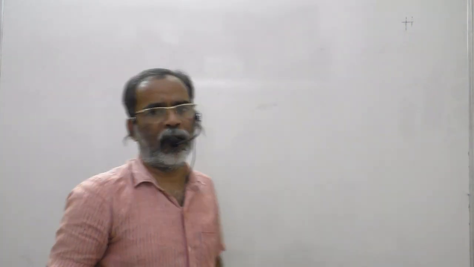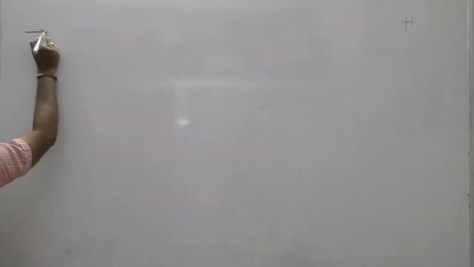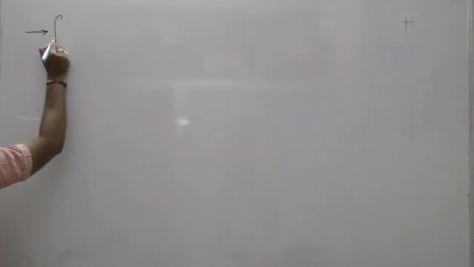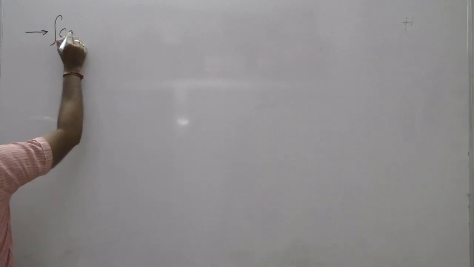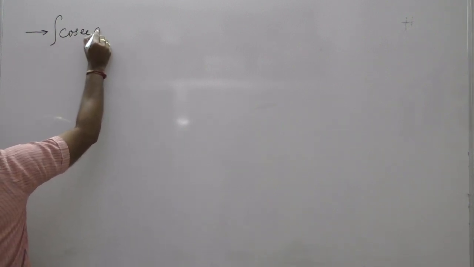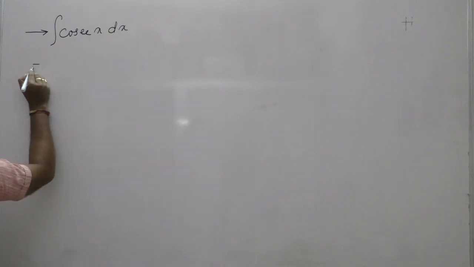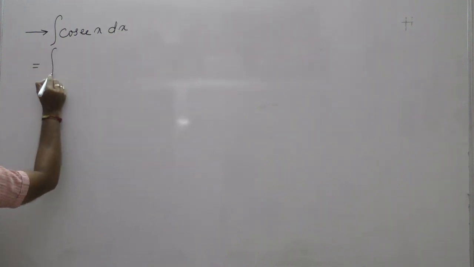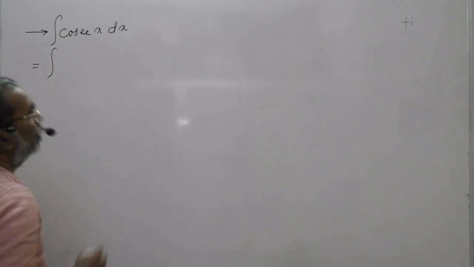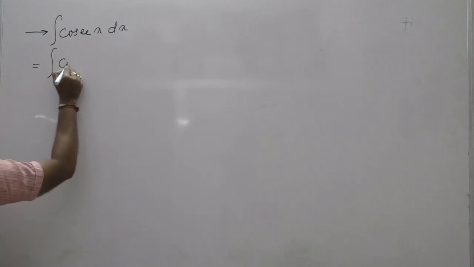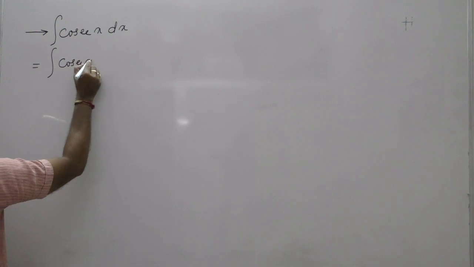Next we will see the integral of cosec x. Integral of cosec x dx. In the basics, we did not do this. This will be done like this. Integral cosec x is there, no?